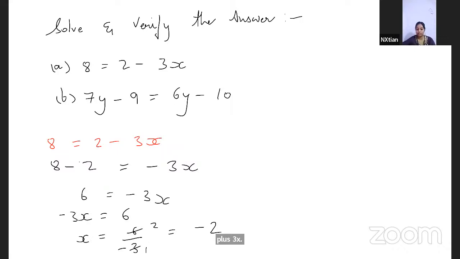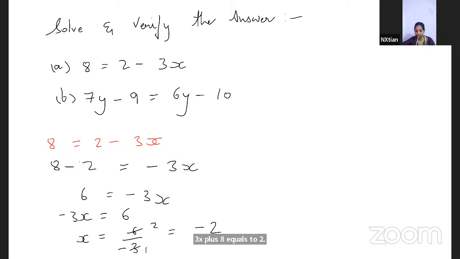Ma'am, can I explain? Yes, Abraham, you can explain. So when we reversed it, it is 3x plus 8 equals to 2.